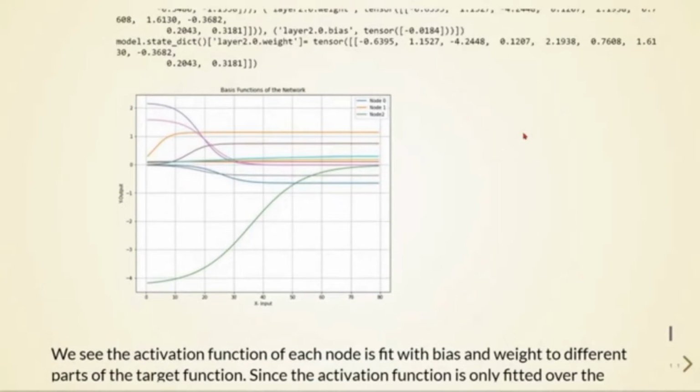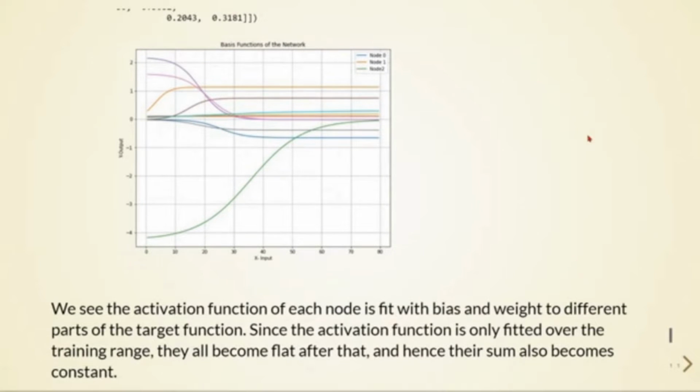So these are the basis functions of the network. We have them for node 0, node 1, node 2, and so on, so each node has its individual contribution. Here we see that the activation function of each node is fit with bias and weight to different parts of the target function, since the activation function is only fitted over the training range.